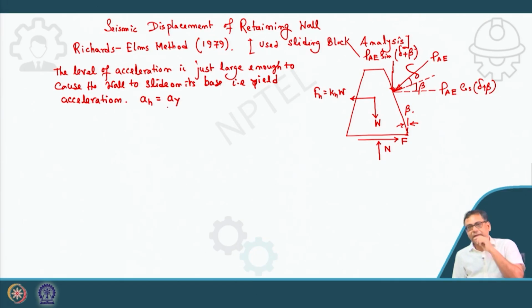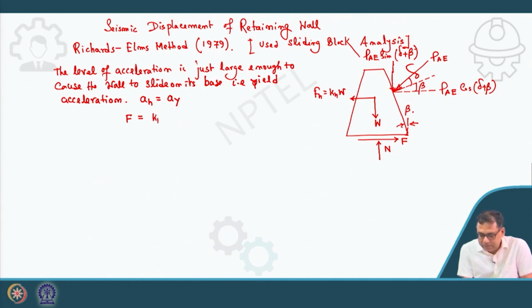The acceleration that is applied is equal to the yield acceleration, because my factor of safety is 1 and it will initiate the sliding on its base.